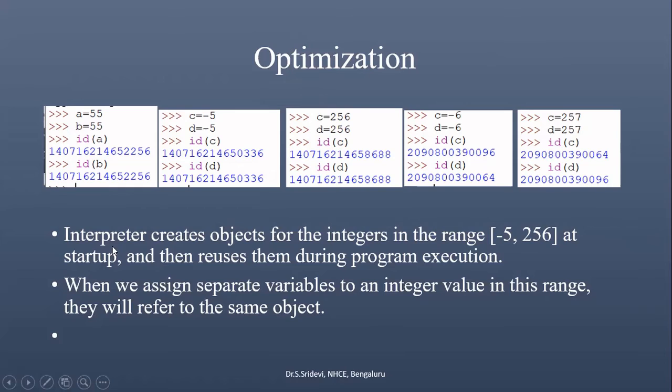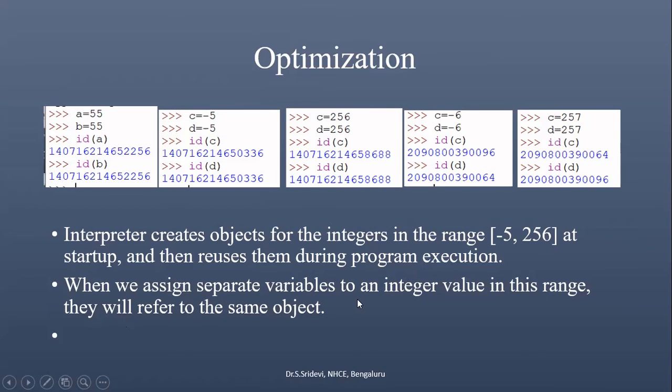In Python, the interpreter creates objects for integers in the range from -5 to 256, inclusive of these two values, at startup itself. Whenever we assign any variable such a value, it will not create a new object. It will reuse those objects which are already created during program execution.